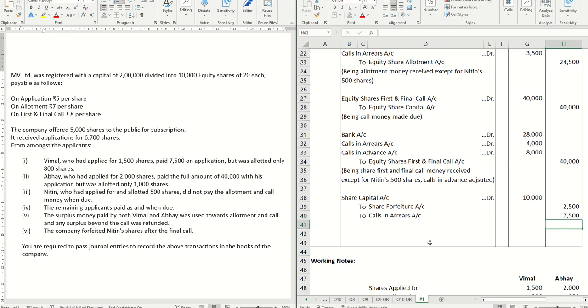So that becomes our forfeiture entry, being 500 shares of Nitin forfeited.